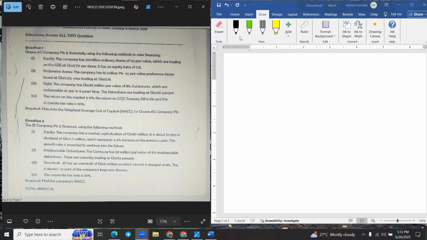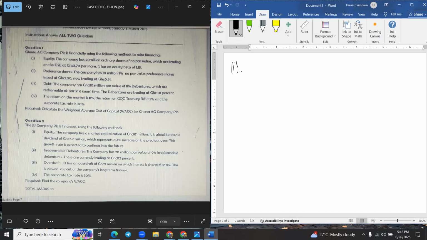Having read this question, first, before we can do our weighted average cost of capital, we need to know the individual costs of capital. According to part I, it is talking about equity, so we solve it according to the question's requirement.